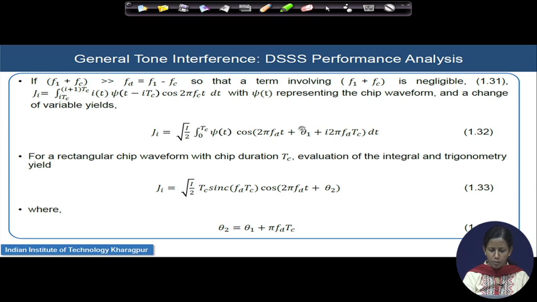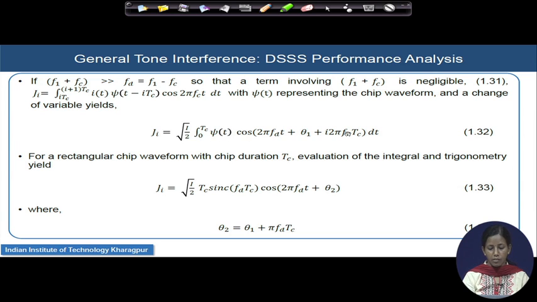We have another term called theta 1, the relative phase of the interfering signal with respect to the signal of our interest. Another term is expected to come, which is the contribution of the fd shift multiplied with the chip duration, and for the ith chip it is a function of i also, so this section keeps increasing as i increases.